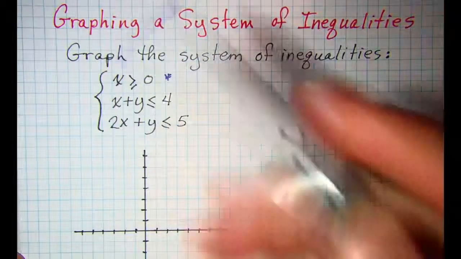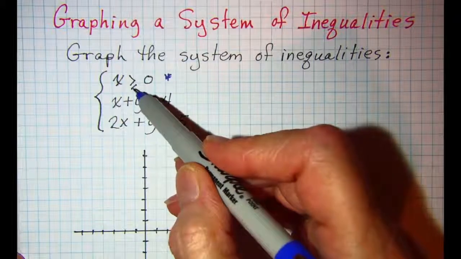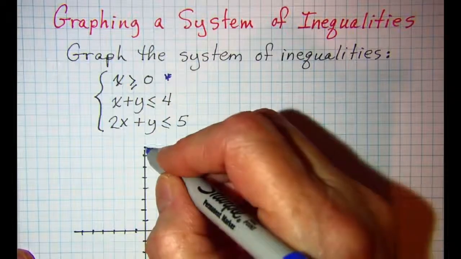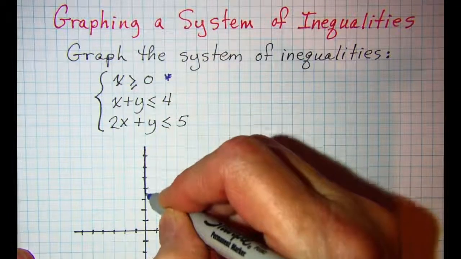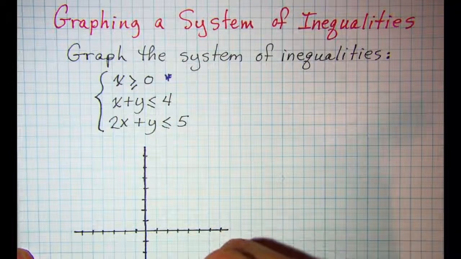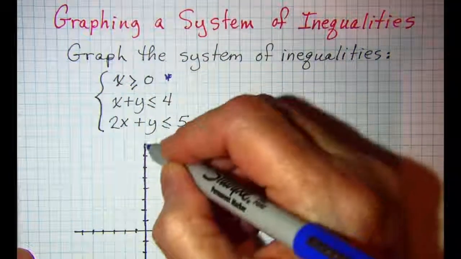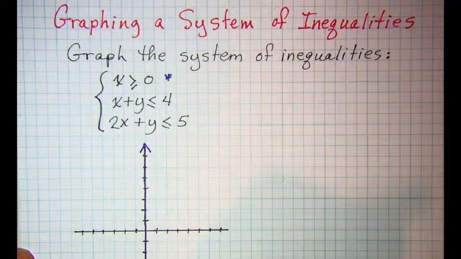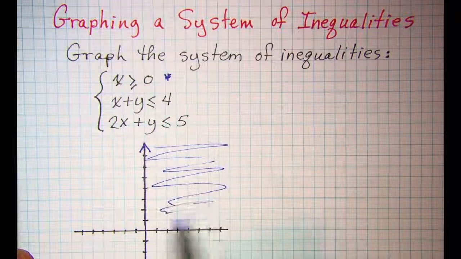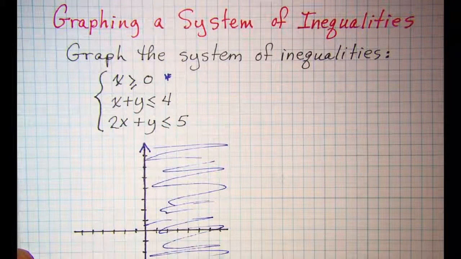And since I have greater than or equal to, I have a solid boundary line. So my boundary line is my y-axis. And I'm going to be graphing all points to the right of my y-axis.